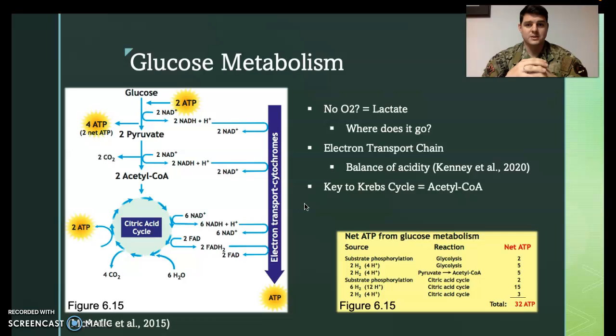What this does is keep the acidity of the whole cycle and the chemical reaction process safe. And you're also seeing a drop of 4 CO2s and a total of 2 ATP produced in the Krebs cycle portion, and then a net of 2 ATP during that initial phase. That'll bring us to a total of 32 ATP produced from the glucose metabolism.